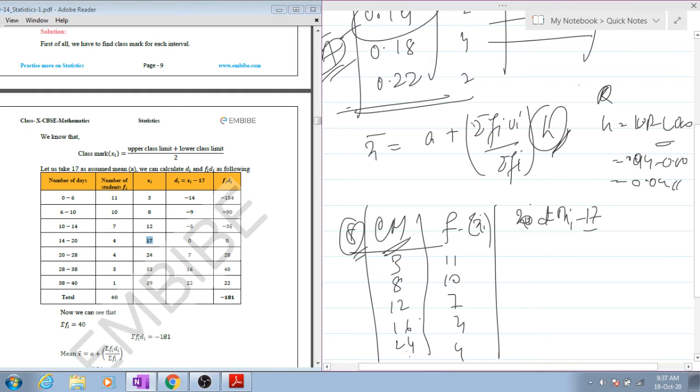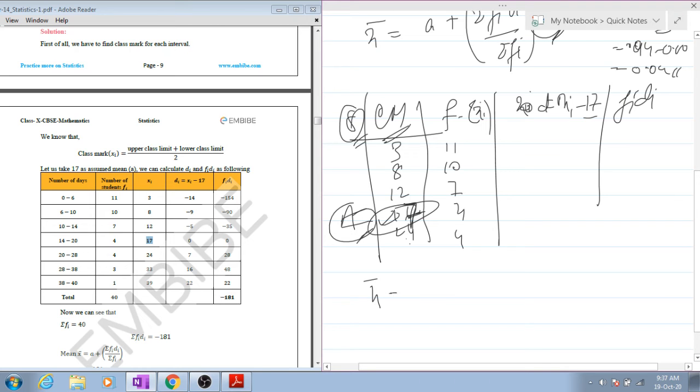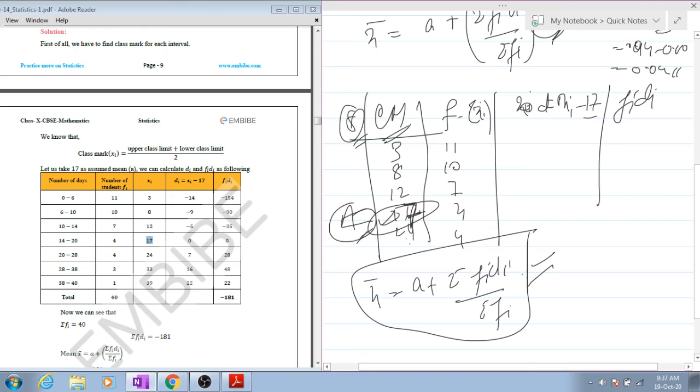I have written it wrong earlier, this will be 12, 17. Then you find out fi di. Then use which formula? Summation of fi di by summation of fi. This formula can be applied.